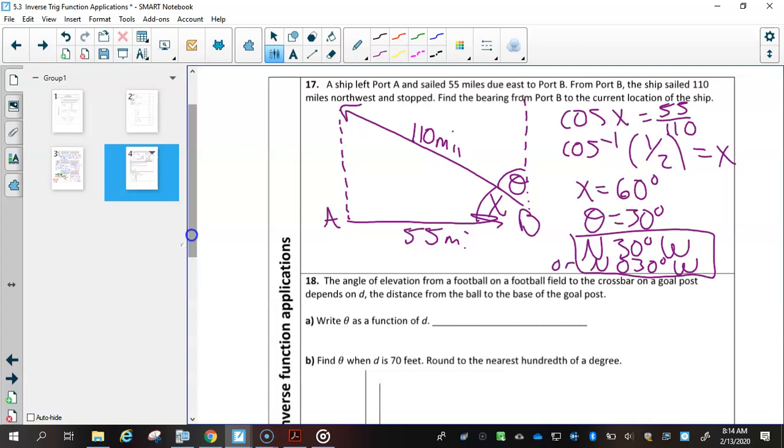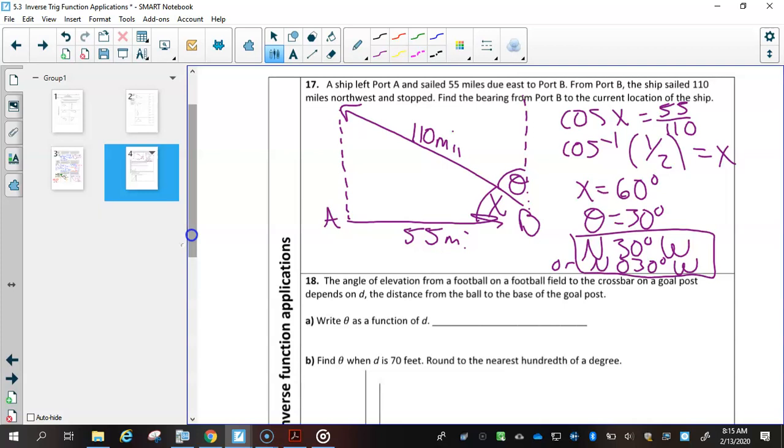So I'm assuming it wouldn't give us a problem like that, but I don't know for sure. All the examples in the book are southwest, northeast, something that has two directions.